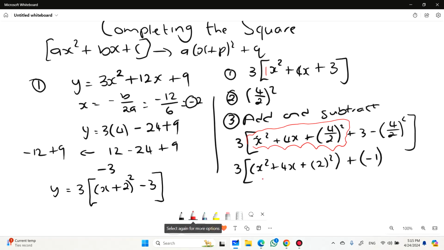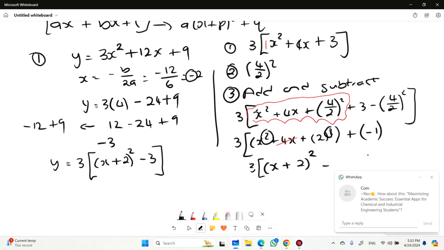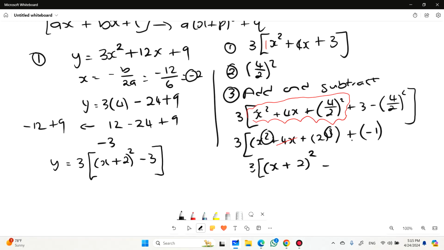So now what you can do is you're always going to eliminate that one there, and then you basically take the 2 outside, and then here you have negative 1, right?